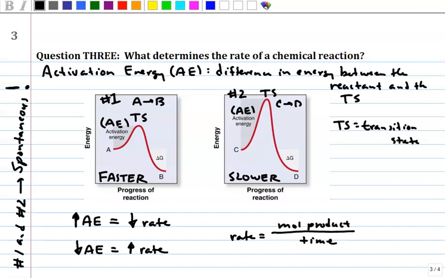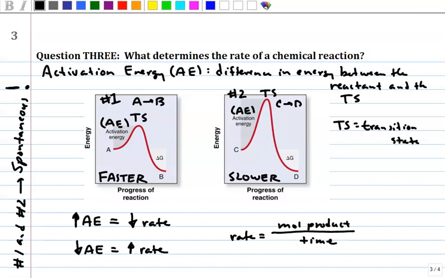It has a higher activation energy. And how do I know that? Look at the reaction diagram that you were given, and look at the difference in energy between the reactant, in this case C, and the transition state. And in number 1, the difference in energy between A and the transition state, and the difference is clear. Okay? Again, the transition state is always something between the reactant and the product, and it's usually the highest energy species in a chemical reaction.